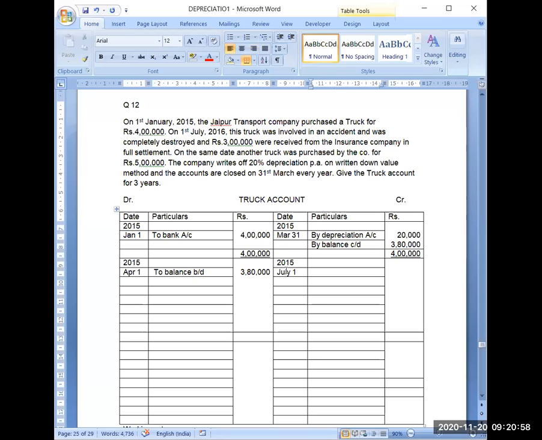We will file the claim with the insurance company. So for that purpose, we will do the entry insurance company debit to truck account. So the entry will be here by insurance company. And because they have admitted the claim for 3 lakh, that's why we will debit the insurance company with 3 lakh.